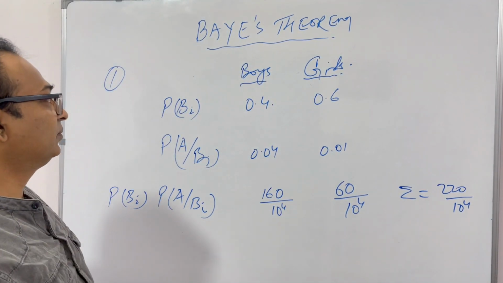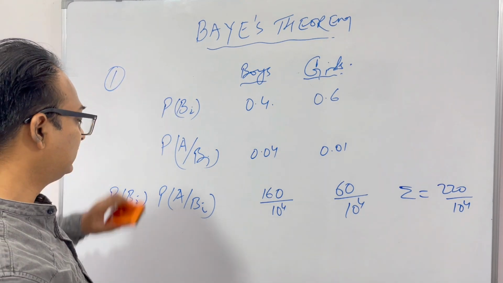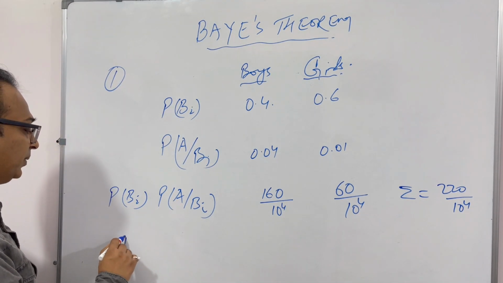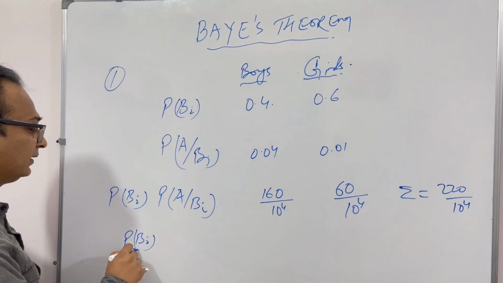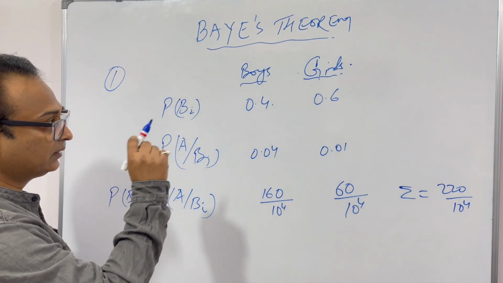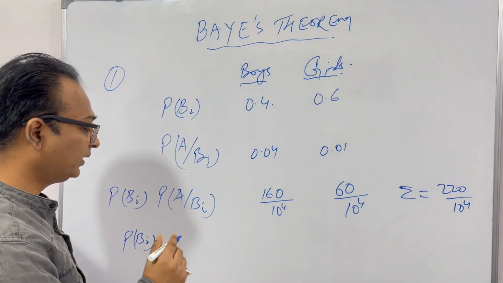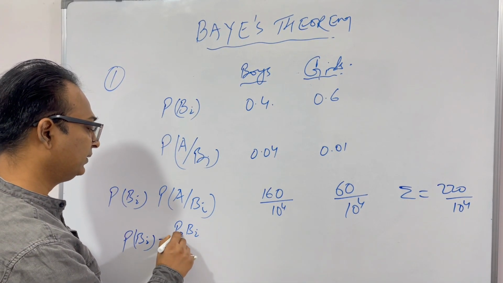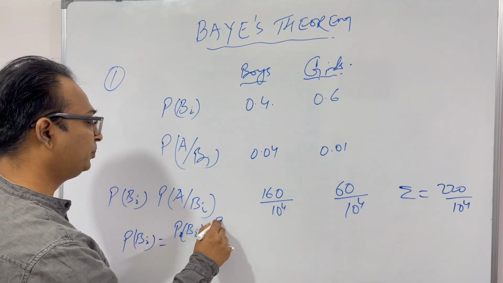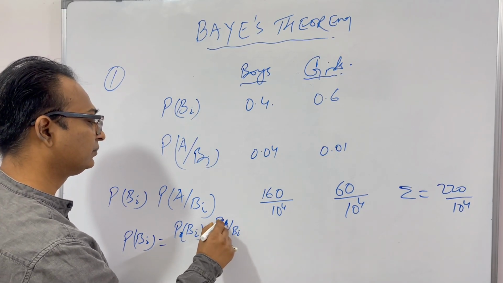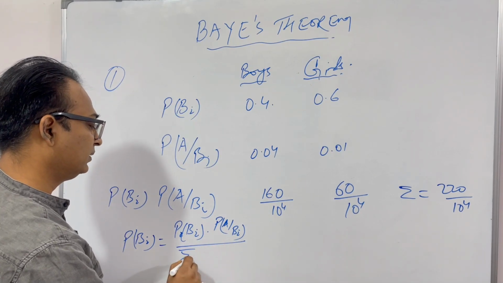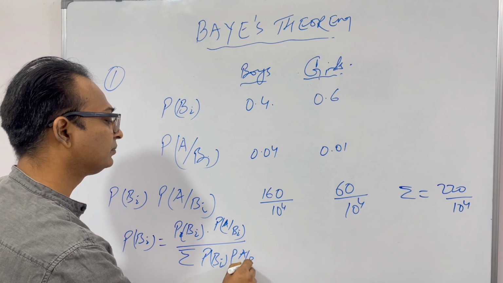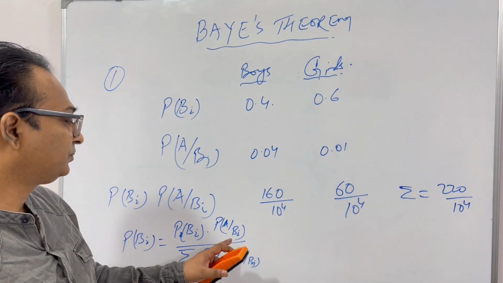So by Bayes theorem, we know that, okay, let me do this here only. Bayes theorem is what? Probability of Bi. We have selected one student, what is the probability of that student to be a boy and a girl? So this is equal to P(Bi) into P(A|Bi) by summation of this thing. This is Bayes theorem. So what is this?